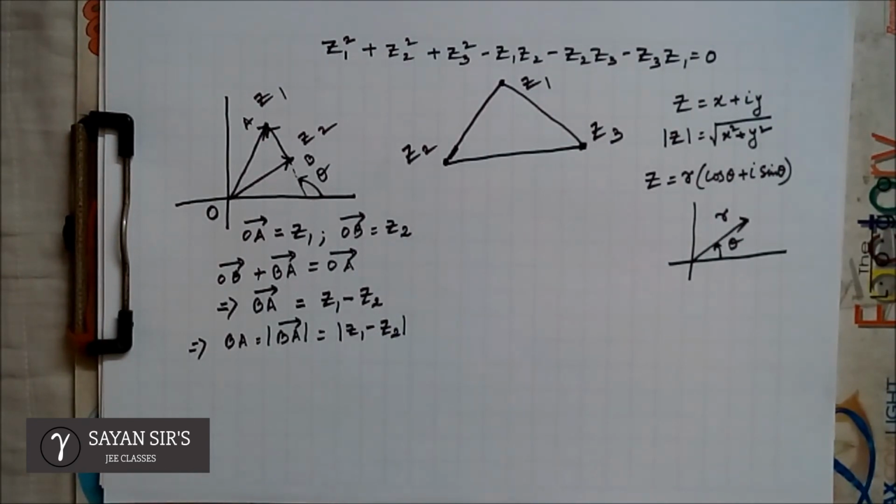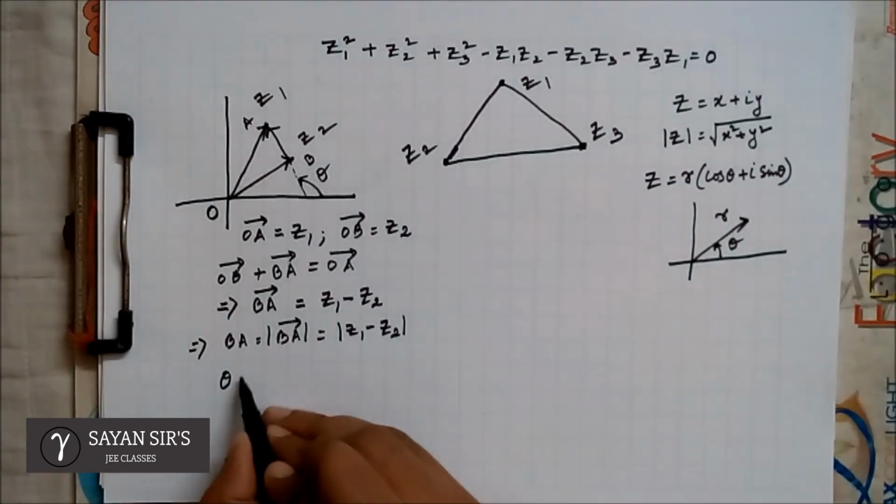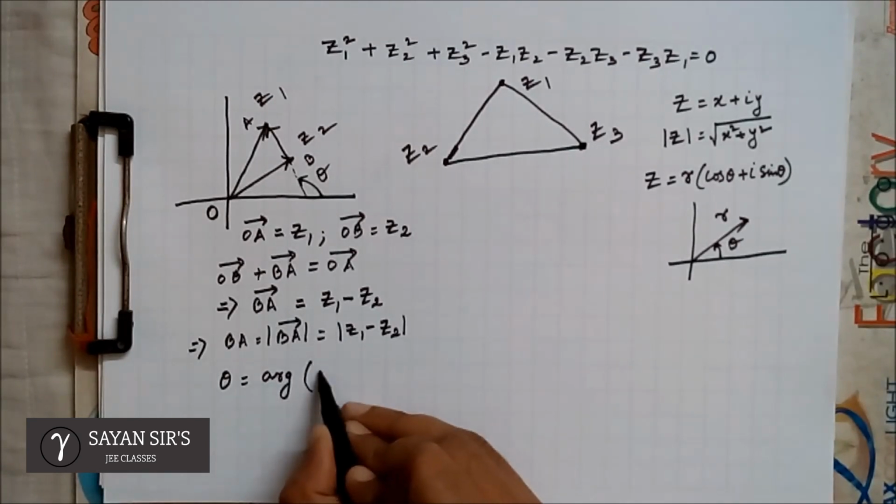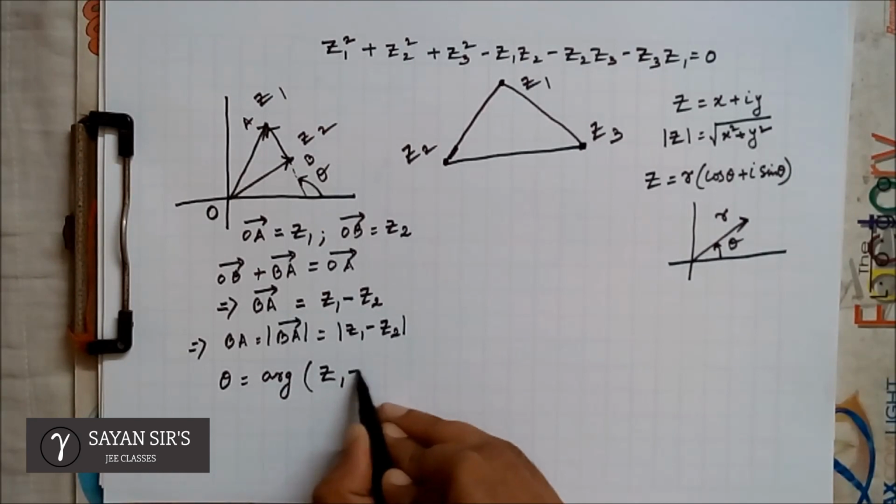So what we are saying here is the vector BA is represented by the complex number z1 minus z2, and the length of BA therefore becomes the magnitude of the complex number z1 minus z2, and the angle theta then becomes the argument of the complex number z1 minus z2.